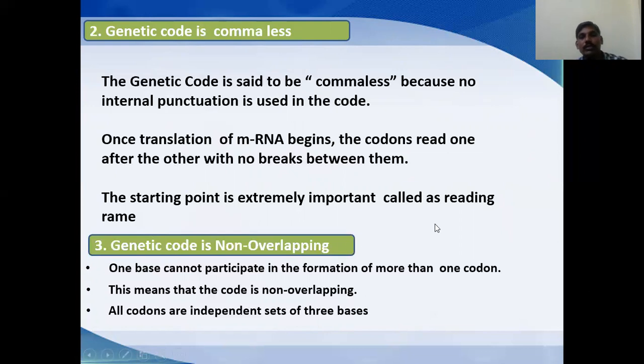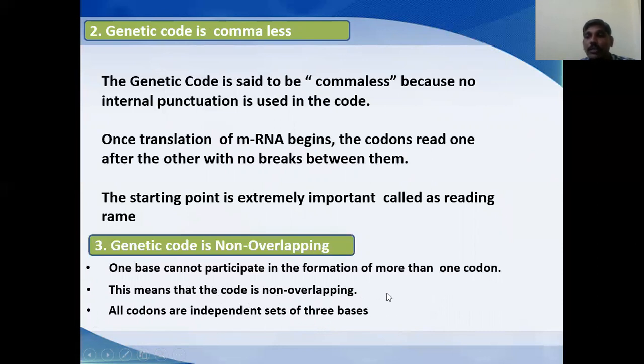The third one is that the genetic code is non-overlapping. Non-overlapping means one base cannot participate in the formation of more than one codon, because every codon has a group of 3 nucleotides, and every nitrogen base independently participates in the recognition of an amino acid. This means that the code is non-overlapping. So all codons are independent sets of 3 bases.